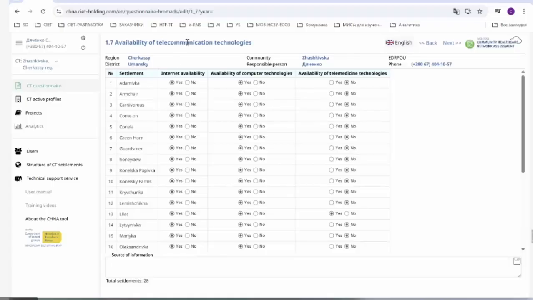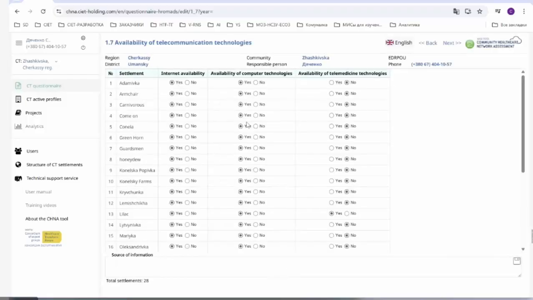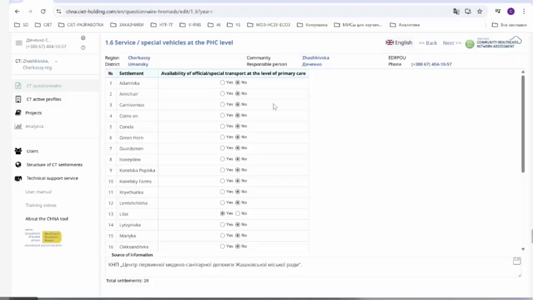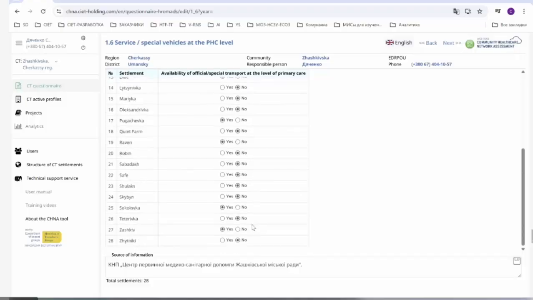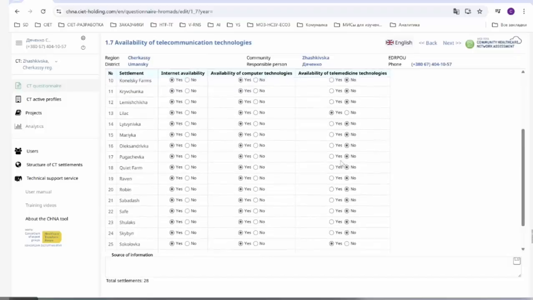For example, on Facebook I saw a publication where gynecologists moved to remote villages and helped all women. This is about services, special vehicles at the primary healthcare level, and availability of telecommunication technologies, because if they have them, they can use telehealth, for example, and it will improve availability.